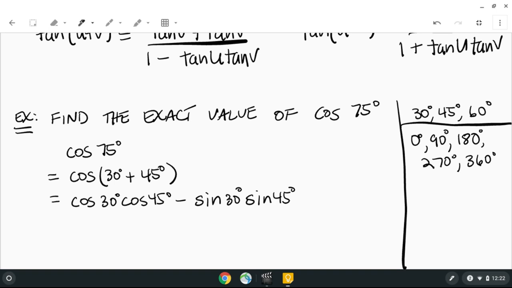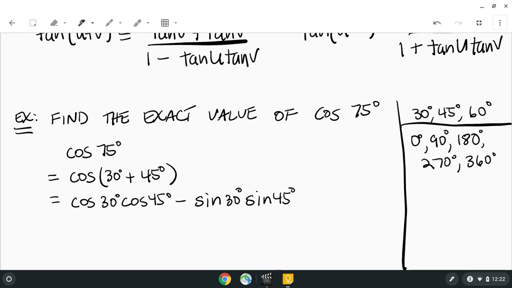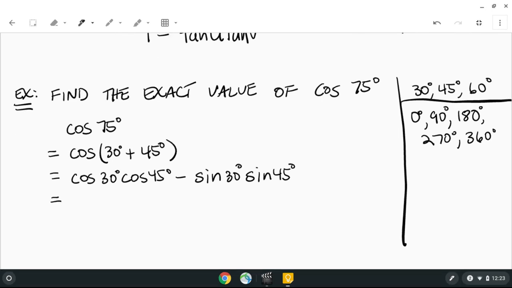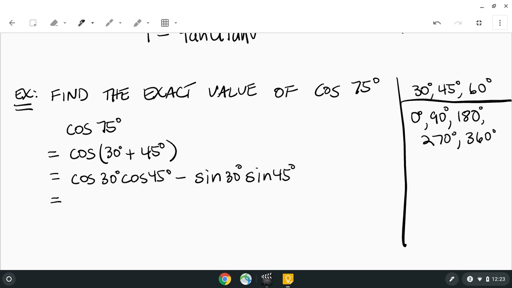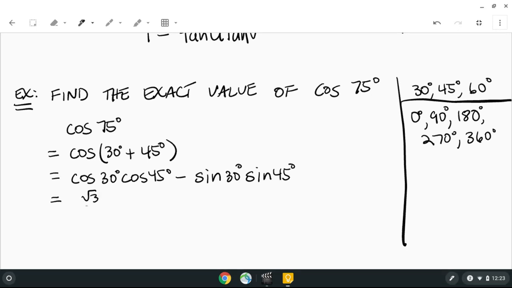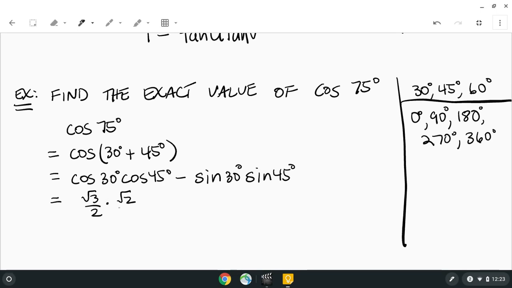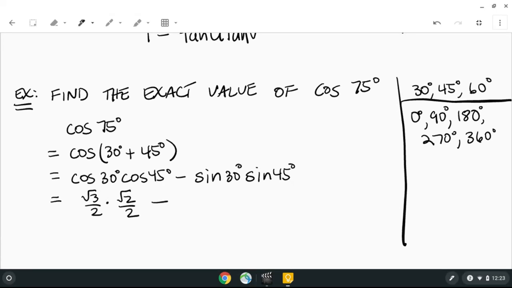And now we can simplify each of those trig functions because we have those memorized. Cosine of 30 degrees is square root 3 over 2. Cosine of 45 degrees is square root 2 over 2. Sine of 30 degrees is 1/2.